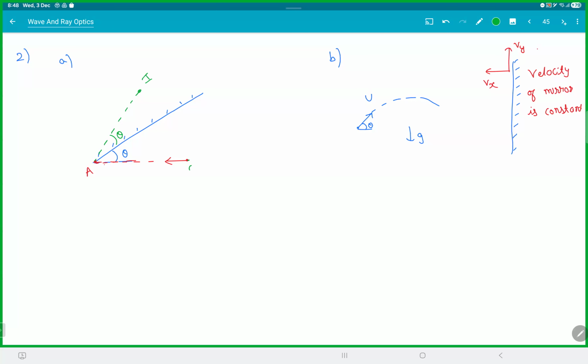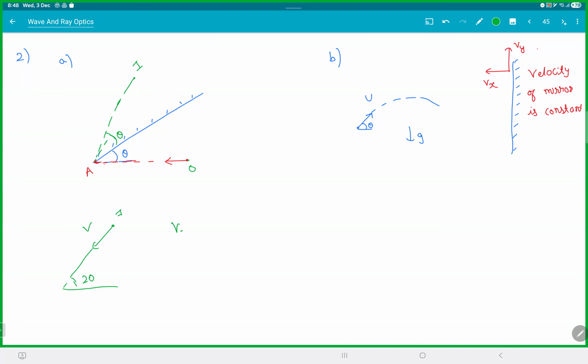Is that making sense? The object and the image will try to go towards that point because they always have to maintain this distance. They'll actually form a congruent triangle. I didn't draw it up to scale, but the object and image will make angle theta with the mirror. So the image is going with the same speed v, and it is making an angle 2 theta.